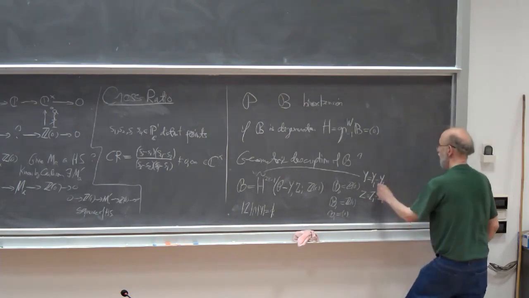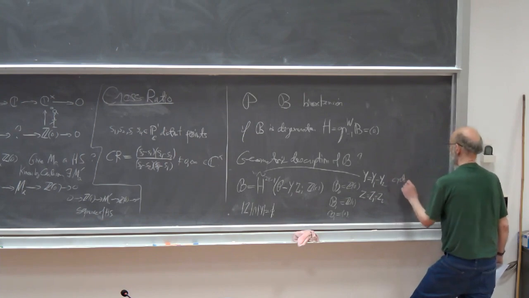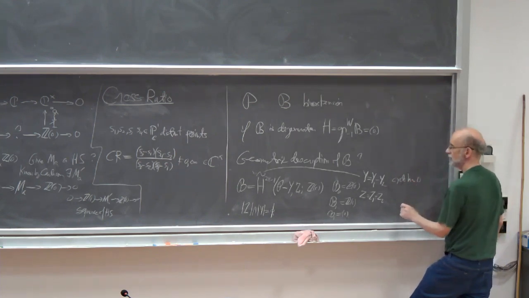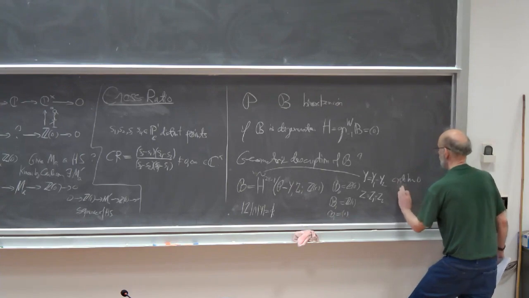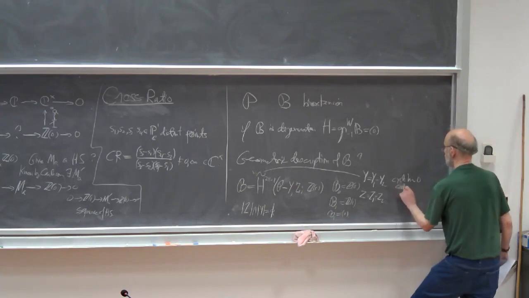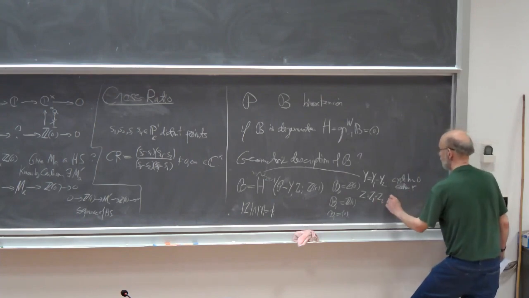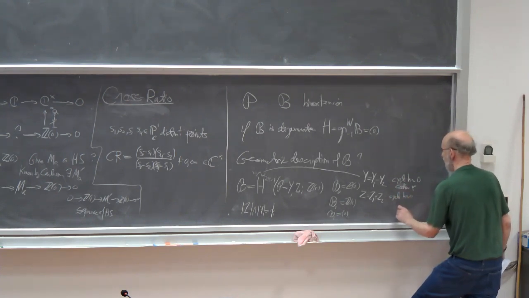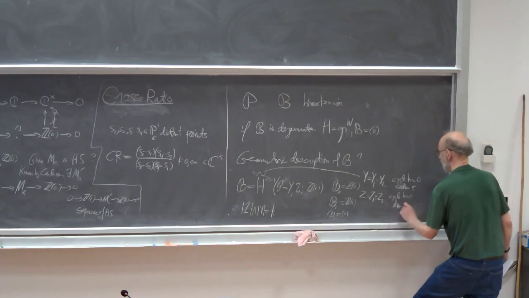So Y is a cycle homologically equivalent to 0, of codimension R, and Z should be a cycle homologically equivalent to 0, of dimension R minus 1.